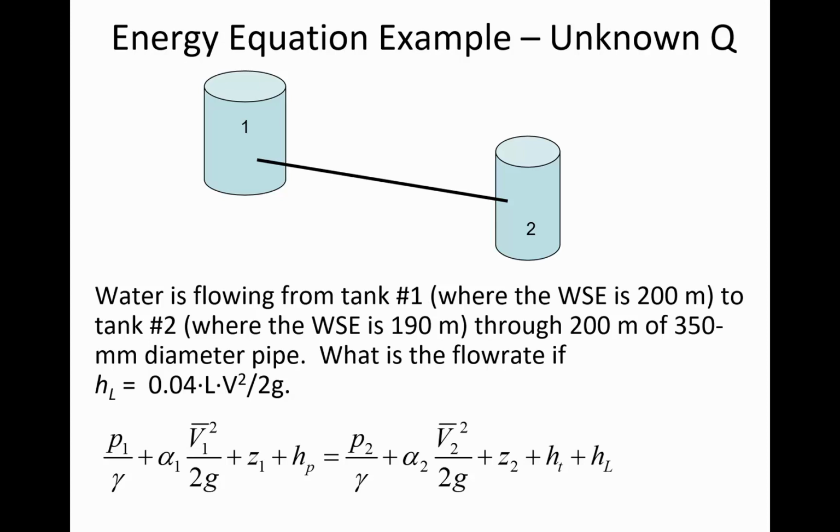And just by looking at the diagram here, we can see that there's no pump and there's no turbine. So both of those terms are also going to be canceled out to 0. So find Q, the flow rate. And what I'd like you to tell it in the units for that flow rate is how many cubic meters per second will be going through this pipe.